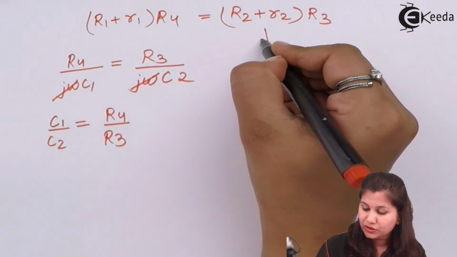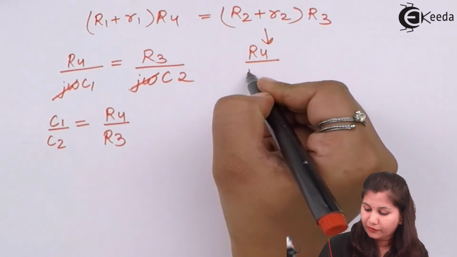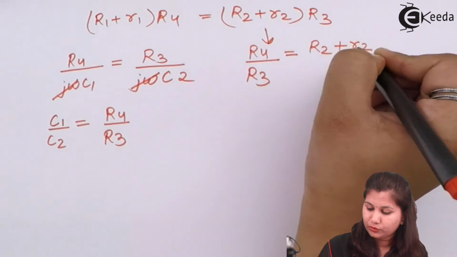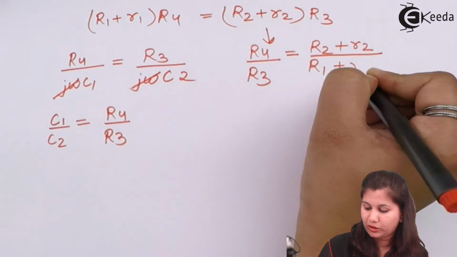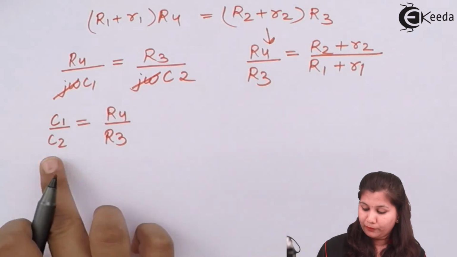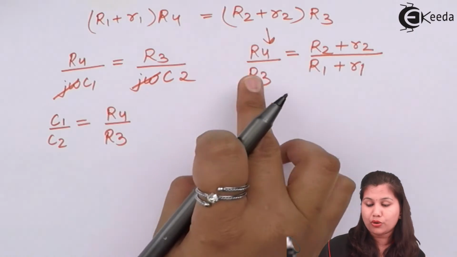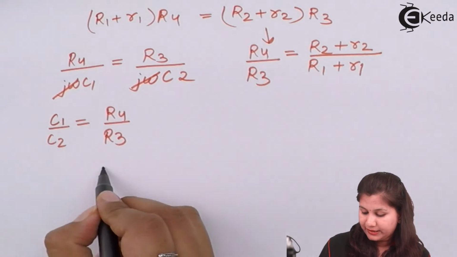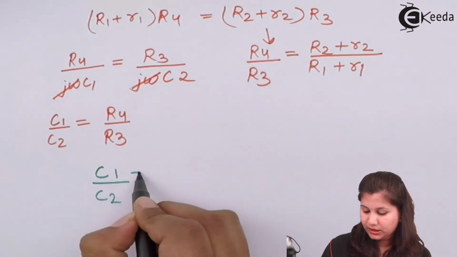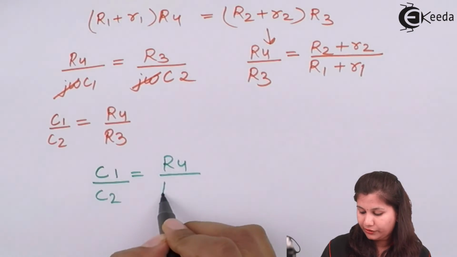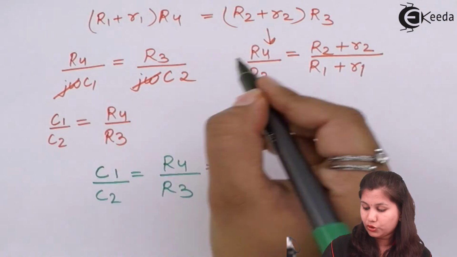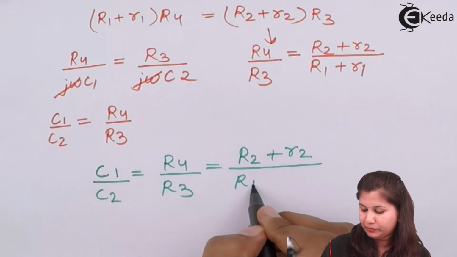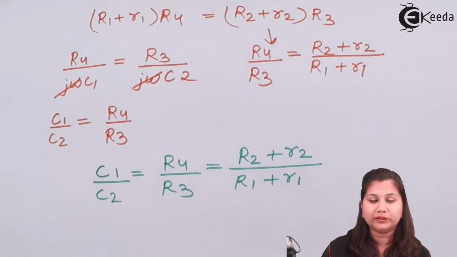And from the real-part equation we are getting the ratio of R4 upon R3 as R2 plus small r2 upon R1 plus small r1. So from both the equations we are getting the ratio of R4 upon R3. So our equation will become C1 upon C2 equals R4 upon R3, and this is also equal to R2 plus small r2 upon R1 plus small r1.